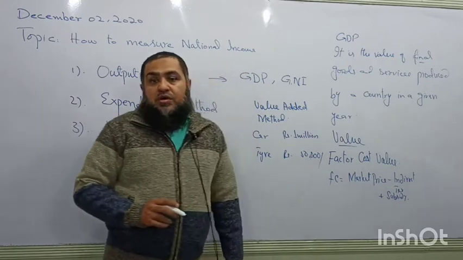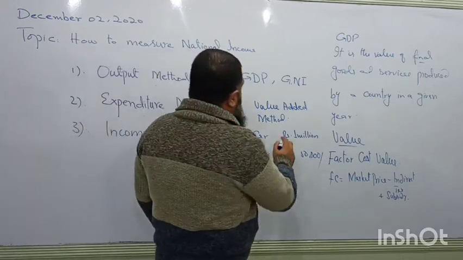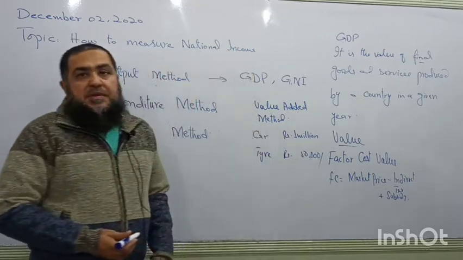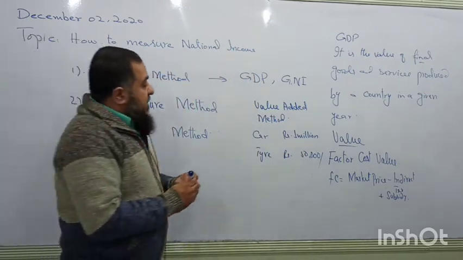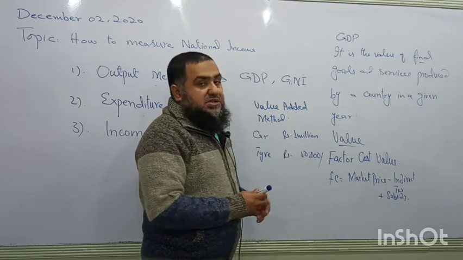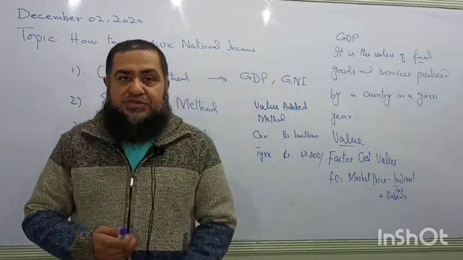So we are using the value of the car now as 1,050,000 rupees, because if we include tires separately and the car separately, then GDP will be double counted.